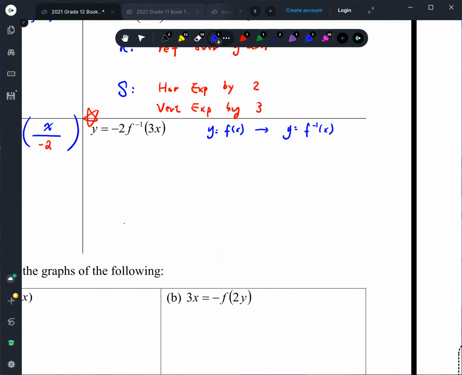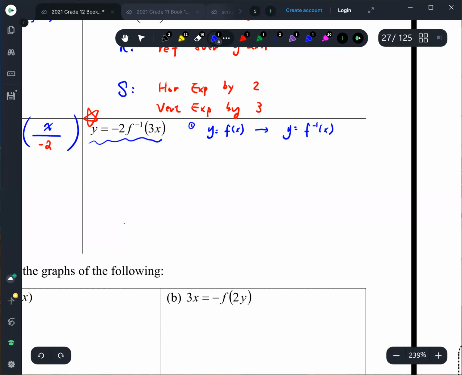So before turning to inverse, right, before getting to this place, there's a change from f of x into inverse first, okay? So first, you get this one, and then second, you get this one, and then you get the question. Okay, this is how the thing progresses.